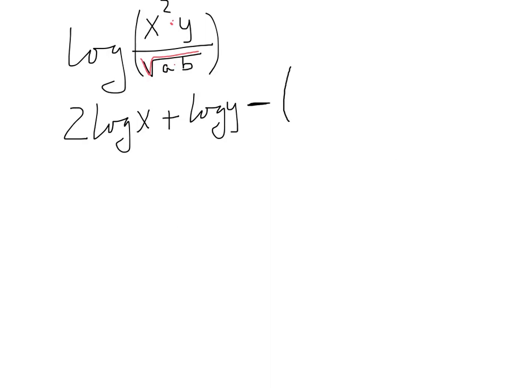The whole thing is under the radical. So that means I'm going to have a 1/2 times. Now, under the radical, I have a product of the log of a plus the log of b. So that'll close the radical.